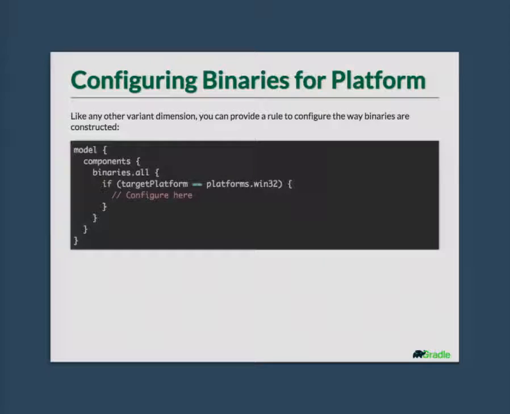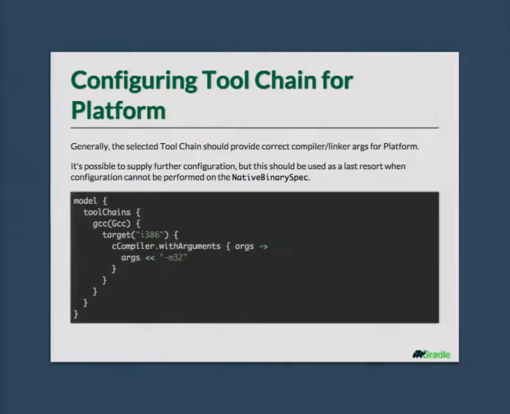Just like build types, you can configure binaries to have different arguments or different macros or whatever for the different platforms. So here we say, okay, for all my binaries, if its target platform is this Win32 platform, then we're going to do something special. From the toolchain side, here we're defining a toolchain called GCC of type GCC, and we say when we're targeting i386, then we have this special little hook, and it's kind of a last resort.